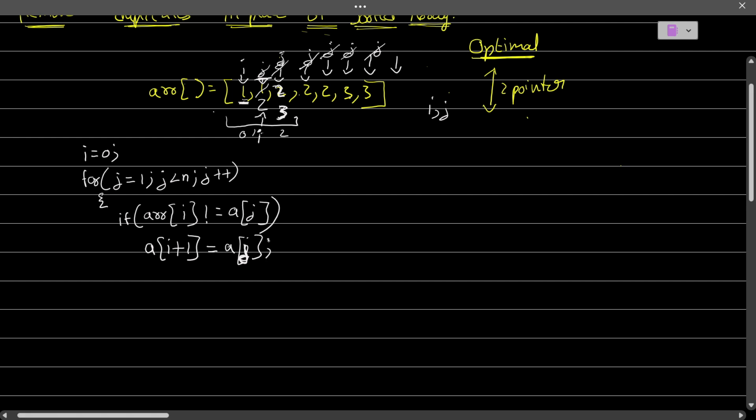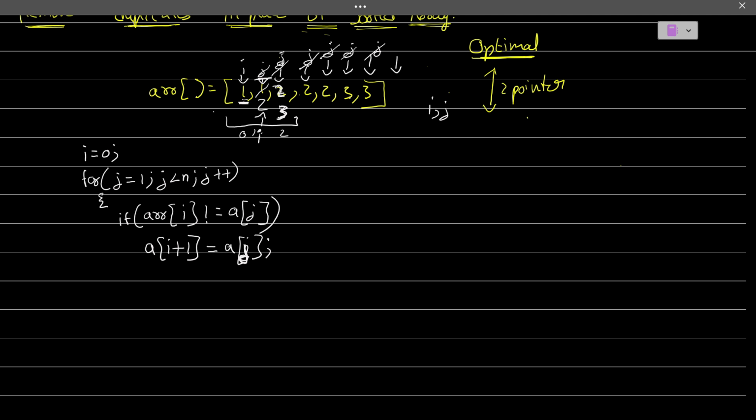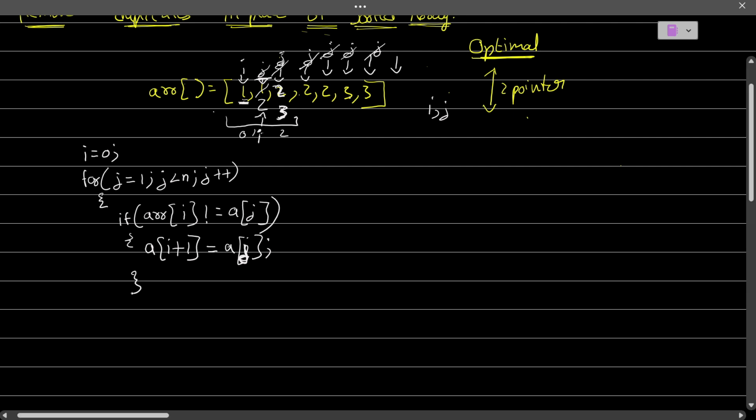So what do we mean by this array of I plus 1? If 1 is a different element from 2, then I is saying, you can take my next position, that is I plus 1. So we'll just return I plus 1.